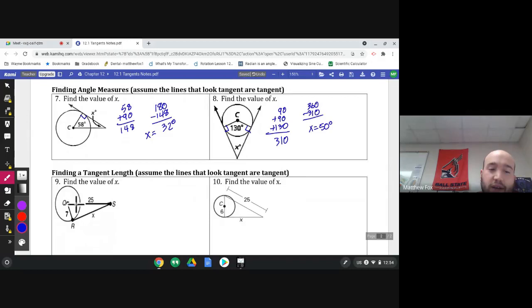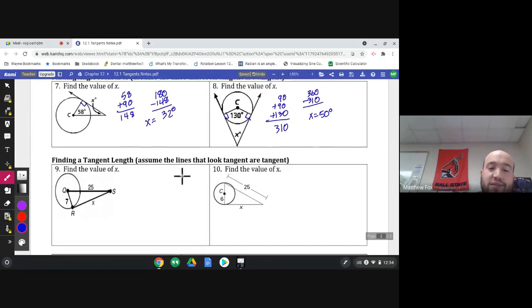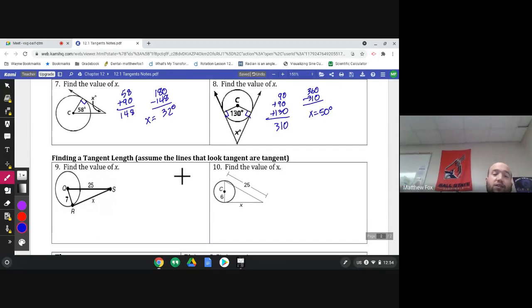All right. So that's how we can find those angles. Now sometimes instead we want to find side lengths, and in this case it says find the value of x. Once again, if that's tangent, we know this is our right angle. When we have a right triangle, hopefully you guys remember a squared plus b squared equals c squared. So I can do 7 squared plus x squared.